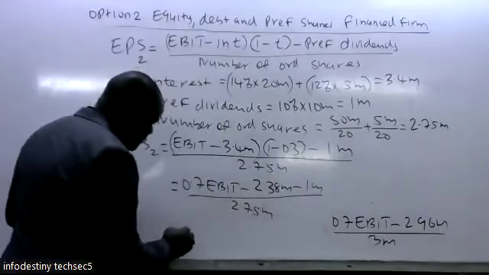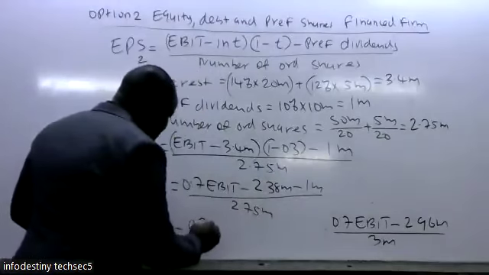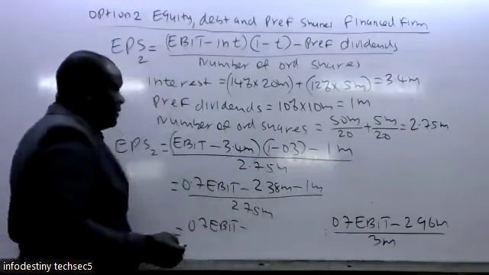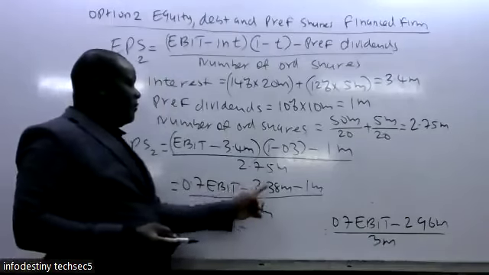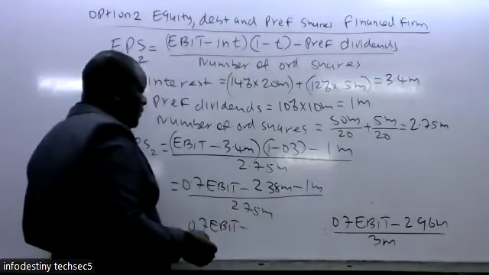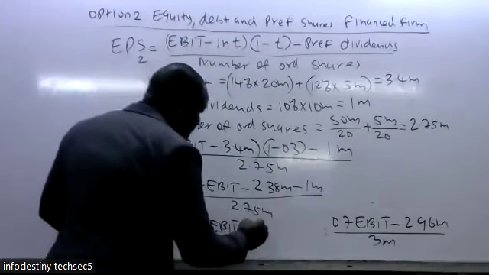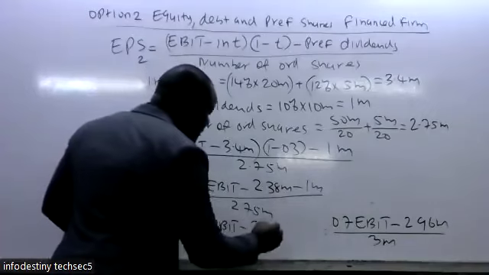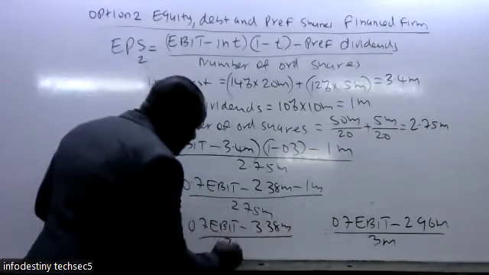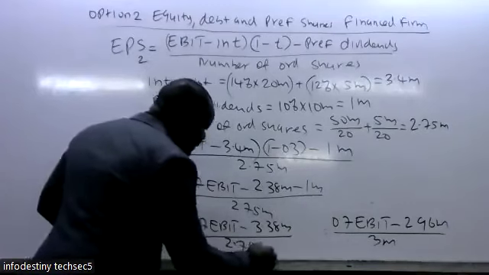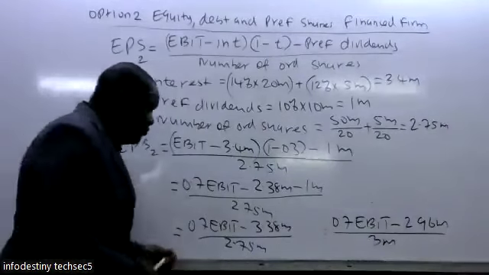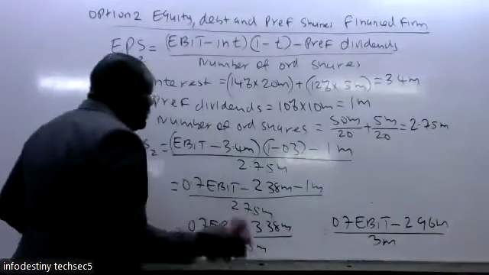So when we simplify, it will be the same as 0.7 earnings before interest and tax minus 2.38 minus 1, which is the same as 3.38. So we divide by 2.75. So after that, we want now to equate the two equations.